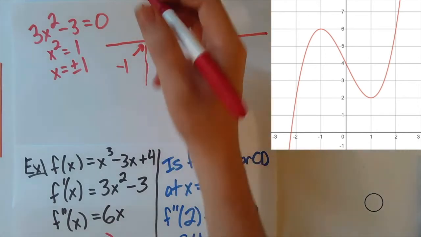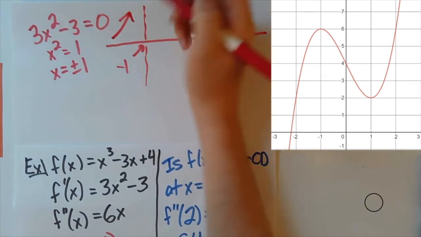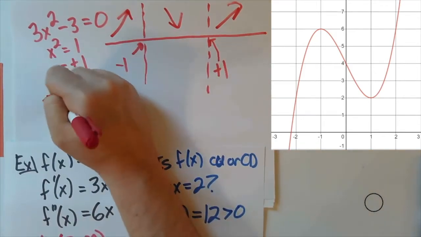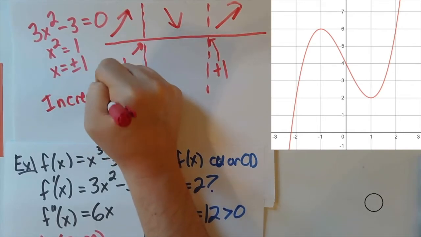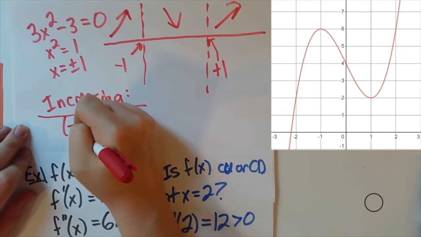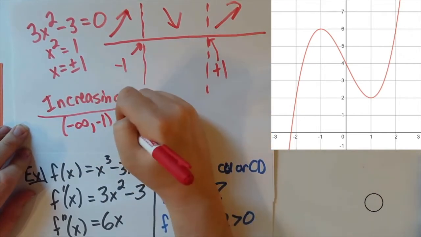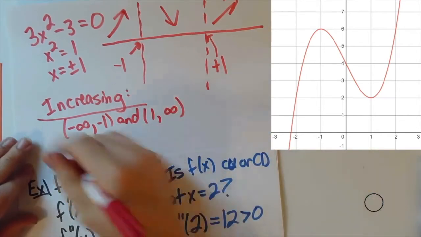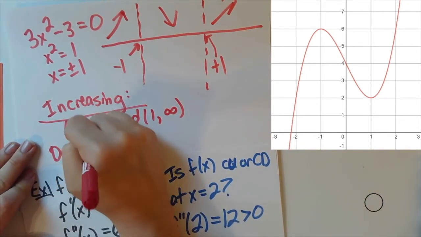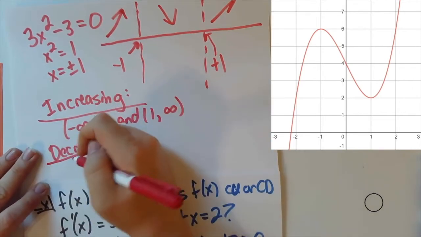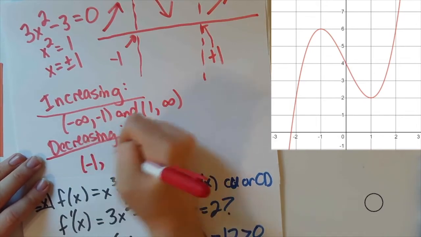So the function looks like increasing, decreasing, increasing, like that. And so I can report that this function is increasing on -infinity to -1 and 1 to infinity, and it is decreasing on -1 to 1.